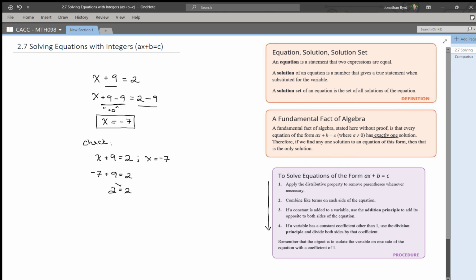And yes, indeed, that is a mathematically accurate statement. Realistically, I probably should have put a question mark before we did our addition, because at this point we don't know if they're equal or not. But now that we've checked it, we know that x equals negative 7 is the solution to the equation x plus 9 equals 2.